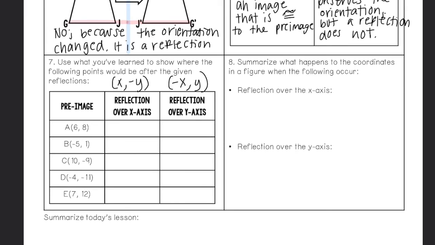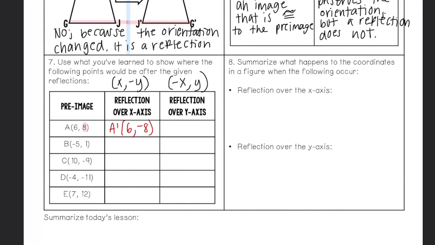So reflecting over the x-axis, I need to take the opposite of my y values. So my y value here is 8. So I keep my x the same, which would be 6, and then I take the opposite of 8, which is negative 8. Okay?